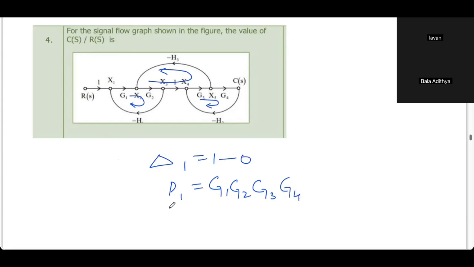And what is L1? L1 is minus G1, G2, H1. What is L2? Minus G3, G4, H2. What is L3?